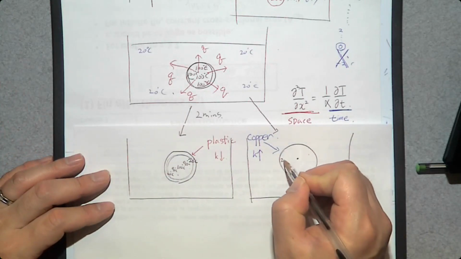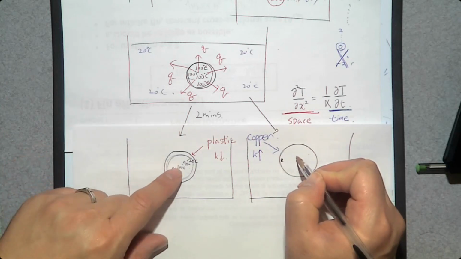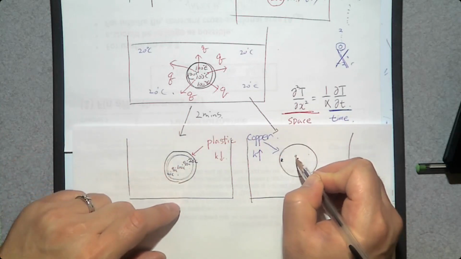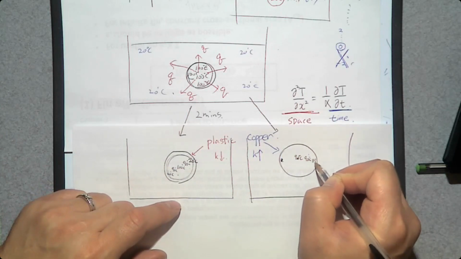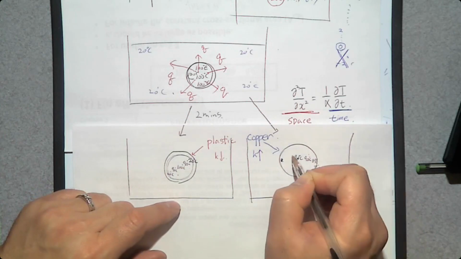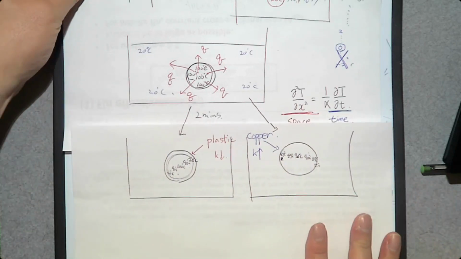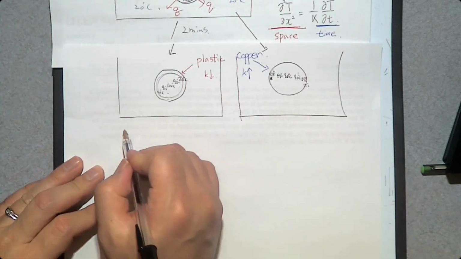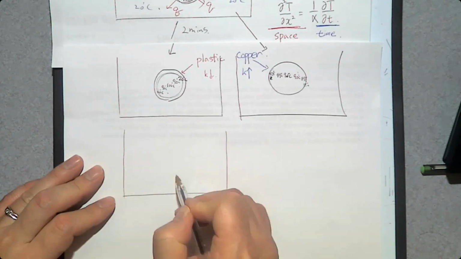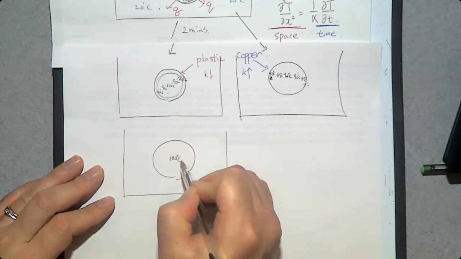So near the surface, the heat transfer is really fast, so the center is 90, away from the center 90, 89, 88, and so on. Another 2 minutes later, in this one the center is still at 100 degrees Celsius.